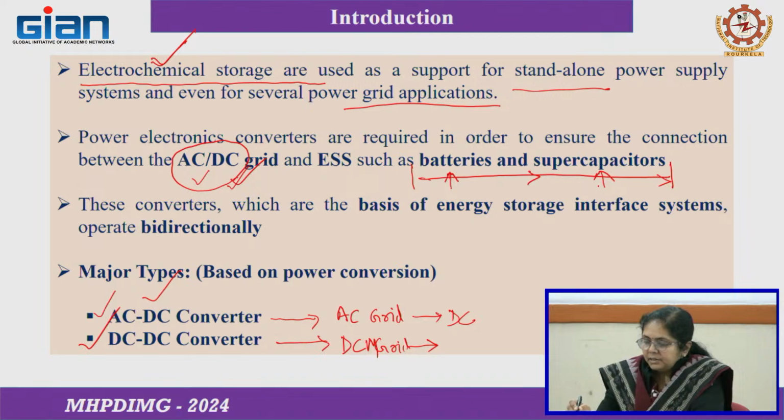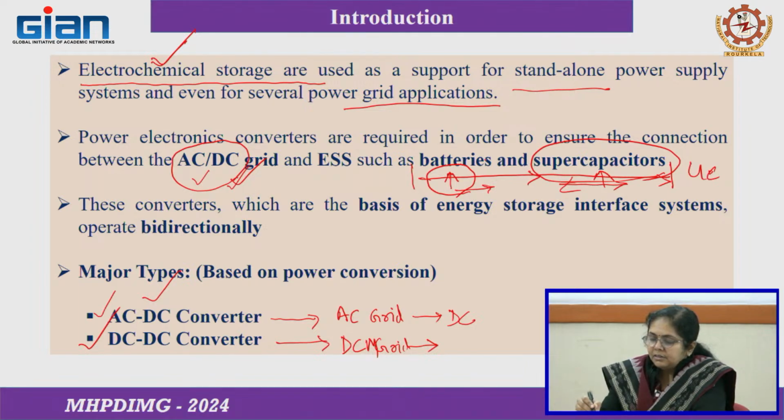The batteries can be used for steady state application, and for transient application we use the supercapacitor or ultracapacitor in the microgrid, so that it reduces the size of the battery. That is the type of storage used on the energy storage side.